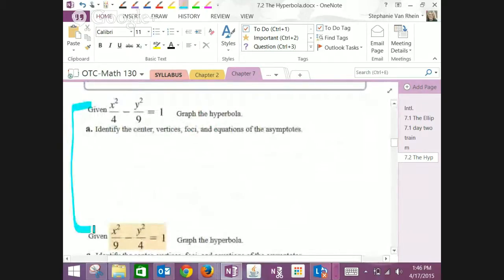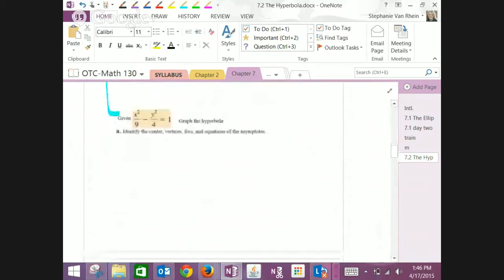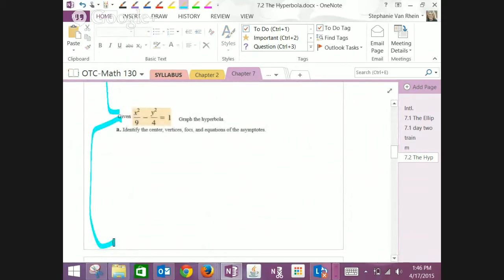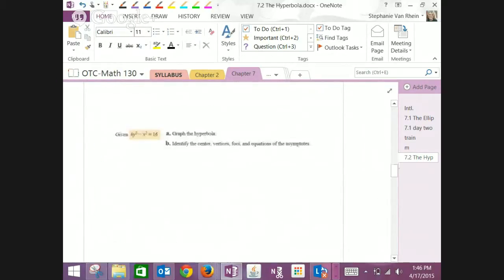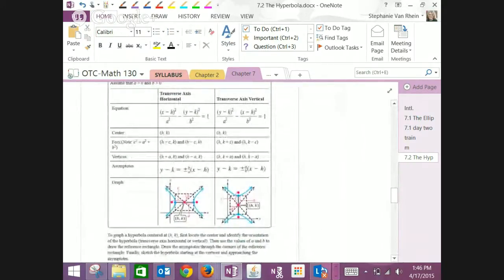Go ahead and try the first two. If you have time to kind of try that, and then we'll hit those again. Really what we're going to focus a lot of our time on is the shifting. Because if there's any shifts, it makes finding the equation of the asymptote just a little harder because we have a point and a slope, and we have to go to point slope equation of the line.